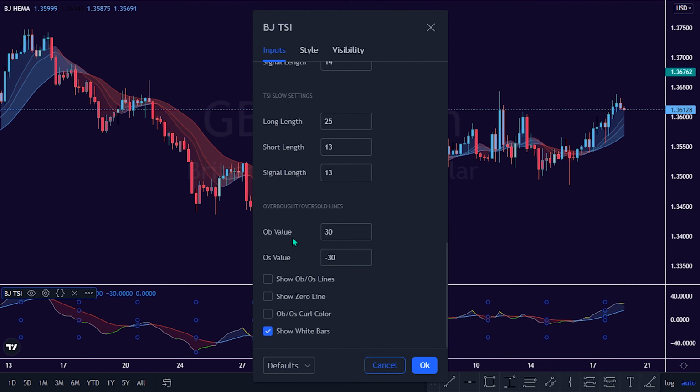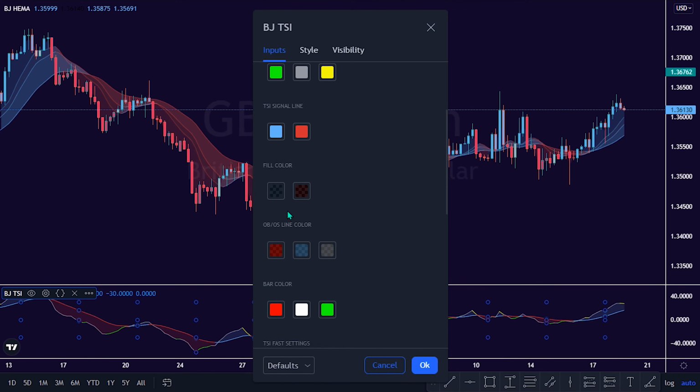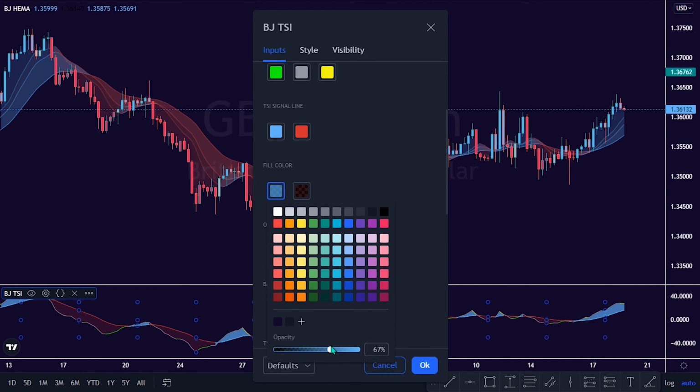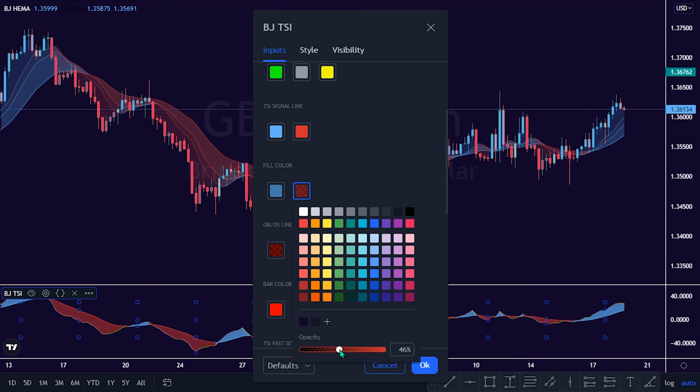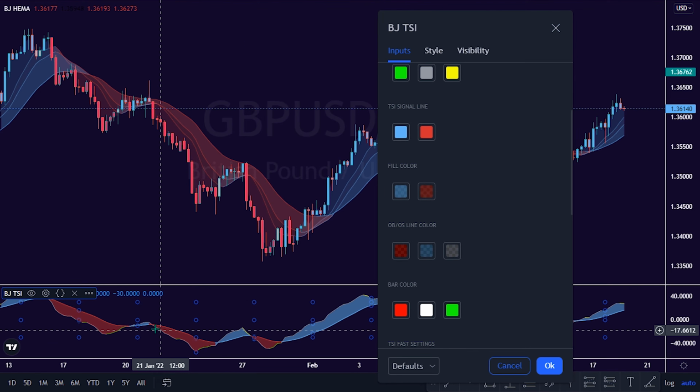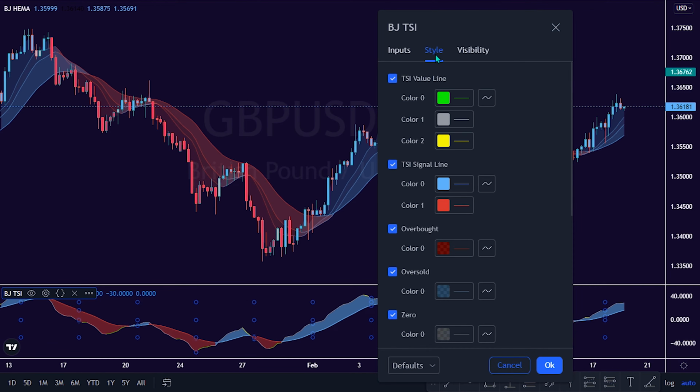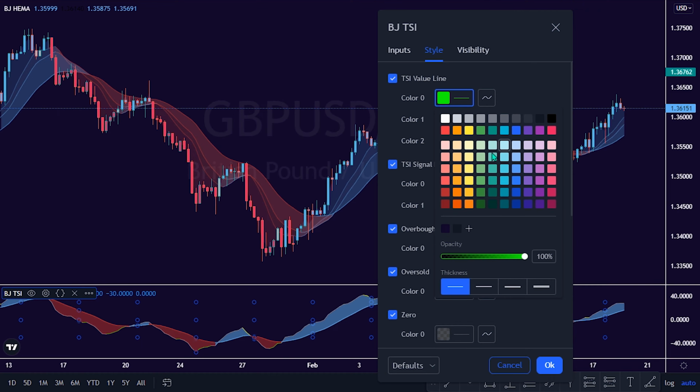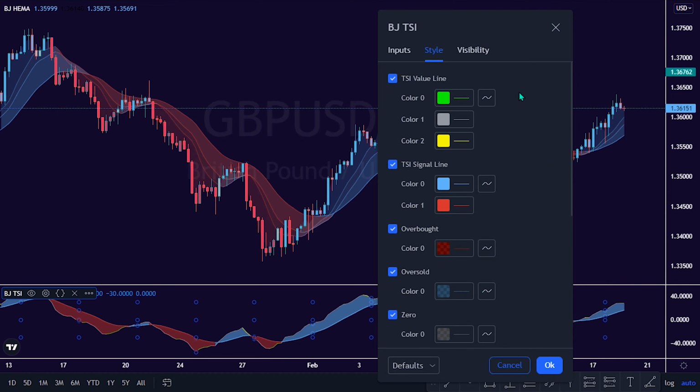Let's increase the opacity of the fill color here for easy detection of the crossovers of the TSI signal line. The style section here houses the TSI parameter colors. Traders can modify the colors to suit their personal color of interest.